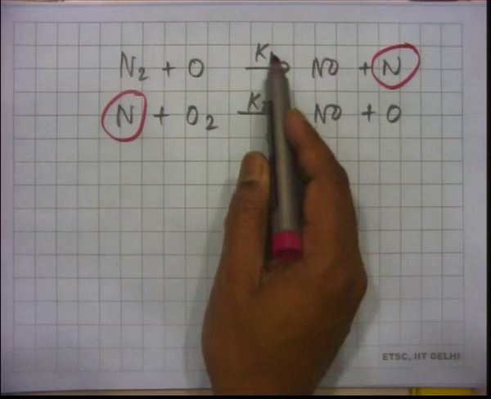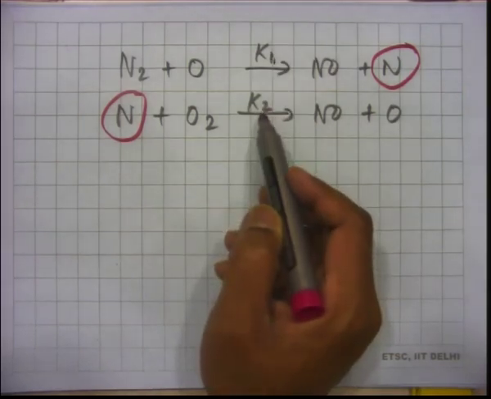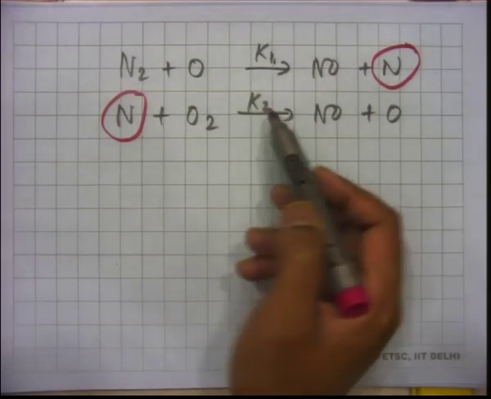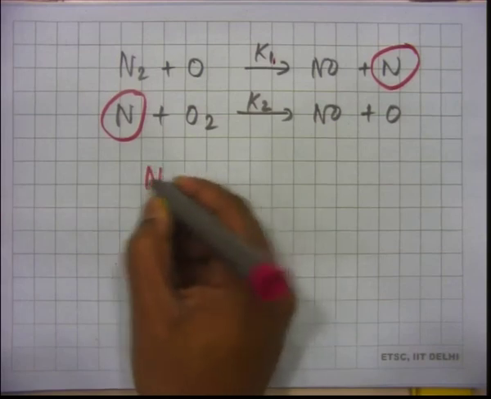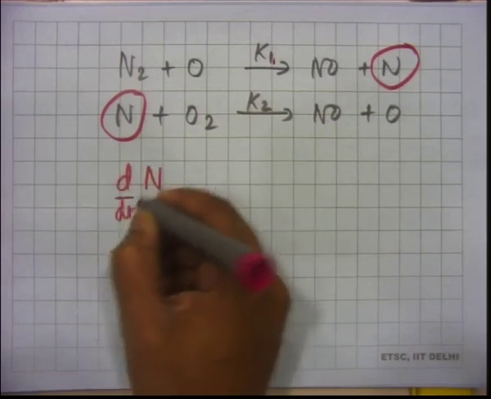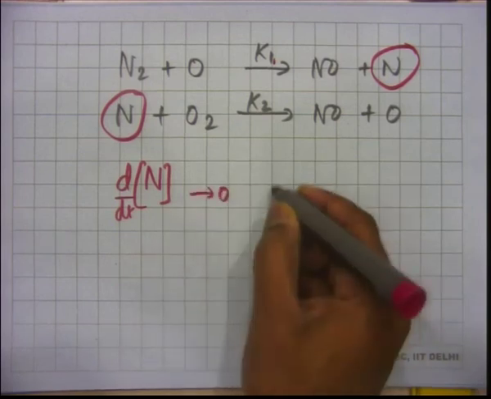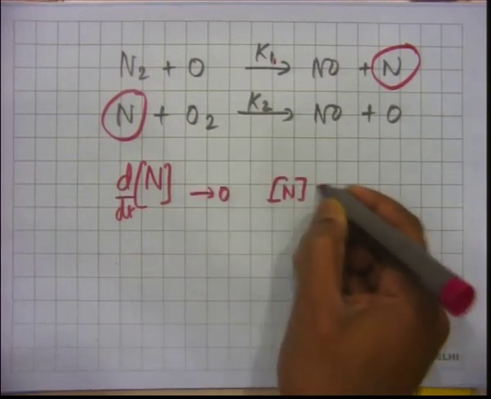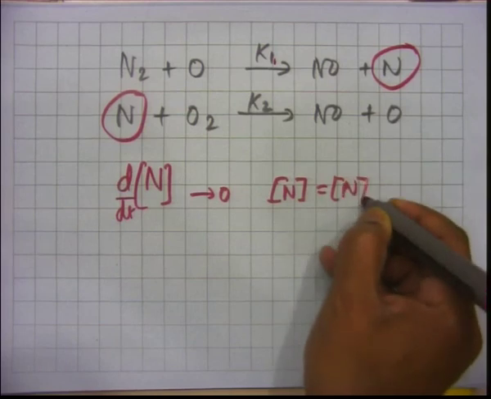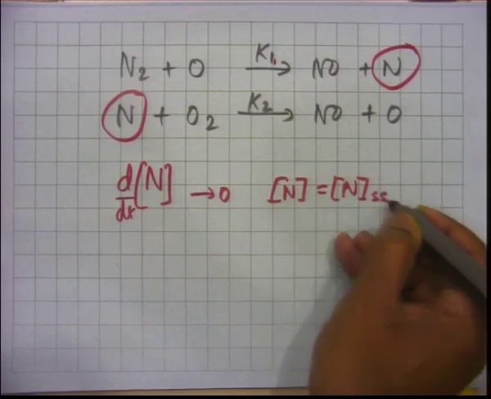So, slow first reaction and fast second reaction. This will lead to d[N]/dt approaching 0, that is N giving you a steady state value.